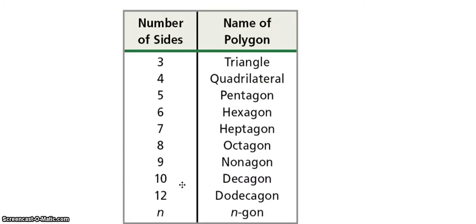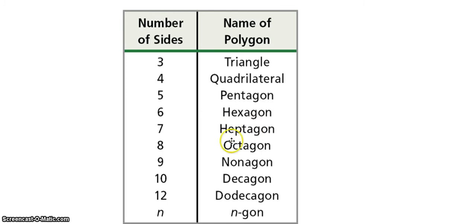Good. So we have names, as we've heard before, of polygons based on the number of sides, right? So we reviewed this in 6th, 7th, and now again 8th grade. 3 sides, triangle. 4 sides, quadrilateral. 5, pentagon. 6, hexagon. 7, heptagon.